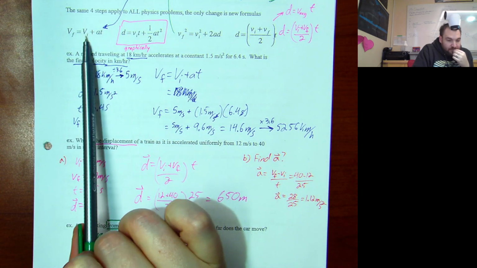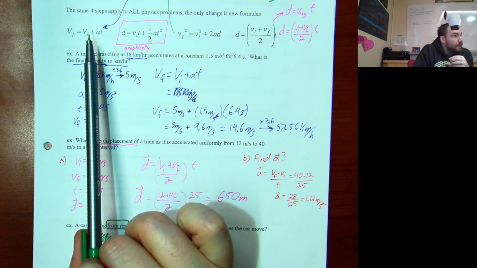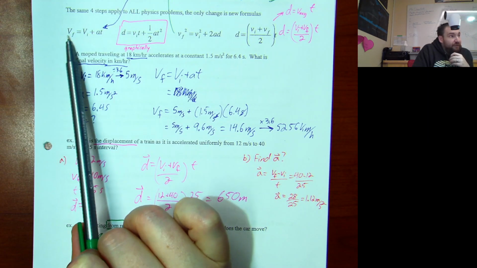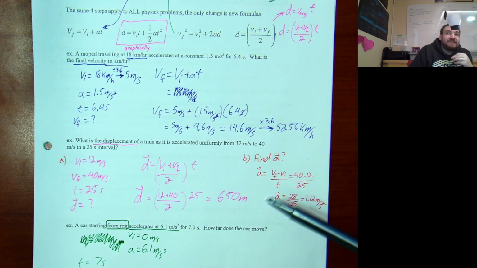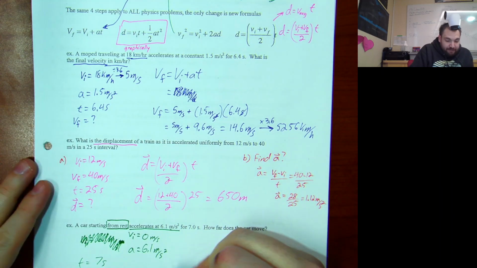This one? That would give me the final velocity. Is that what I'm being asked to find? I could find my final velocity if we wanted to. That could be a decent part B here.